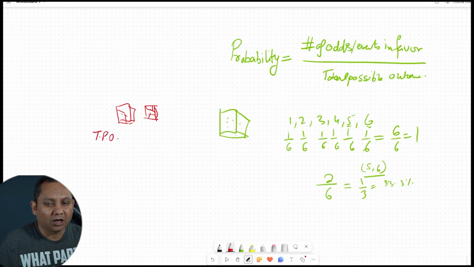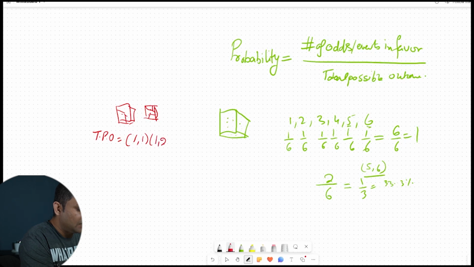How many outcomes can happen? I can get 1 on the first dice and 1 on the second dice, or 1 on the first dice, 2 on the second dice, and so on. 1 on the first dice and 6 on the second dice.